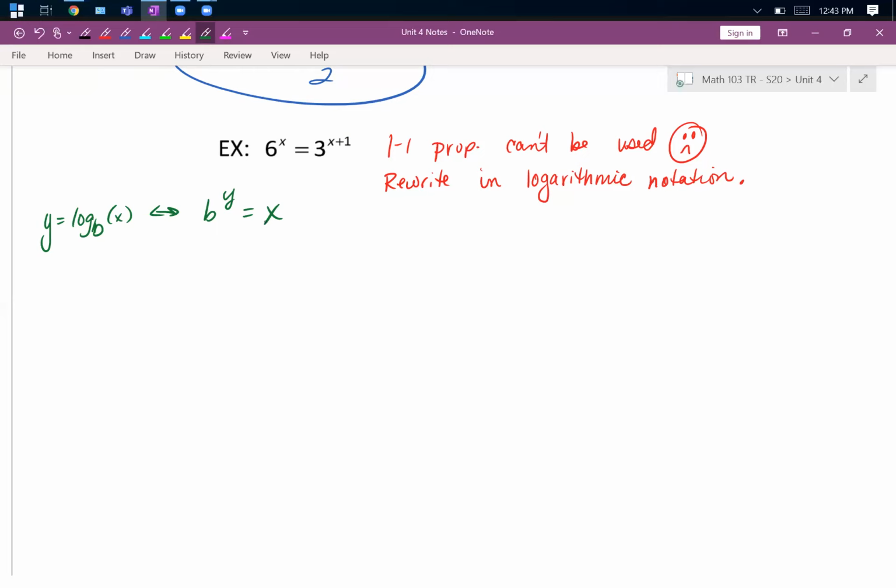However, there is one base that would make the algebra work out easier than the other. You want to choose the base that has more terms in the exponent.